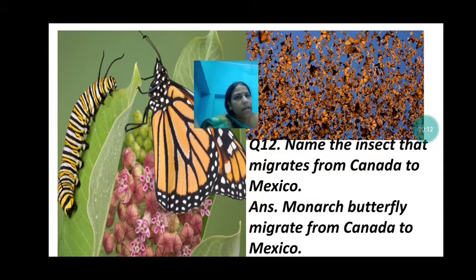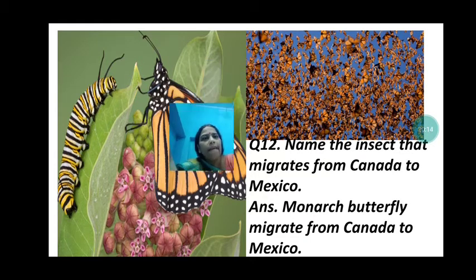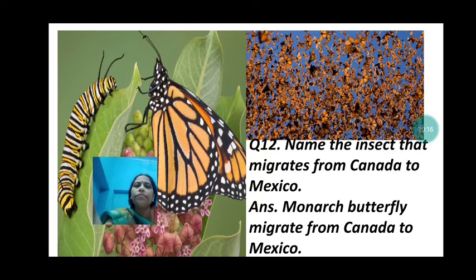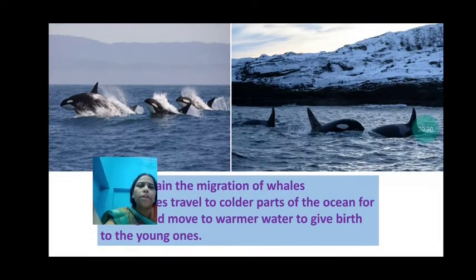They fly from Canada to Mexico, and while migrating, 3 to 4 generations take place.